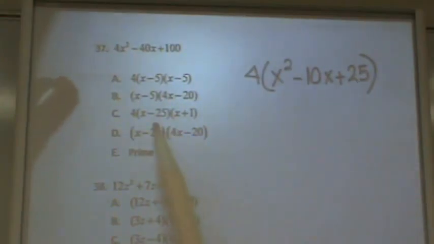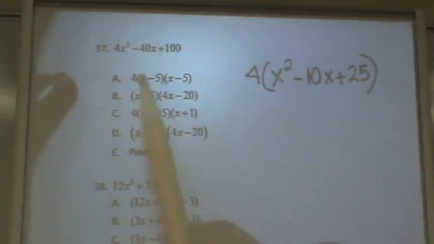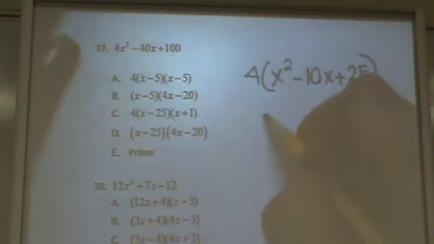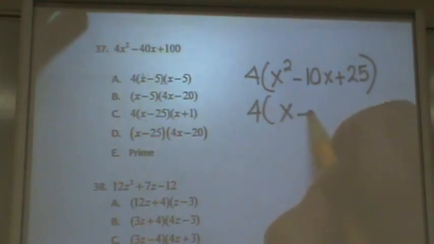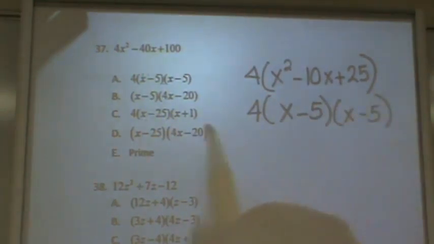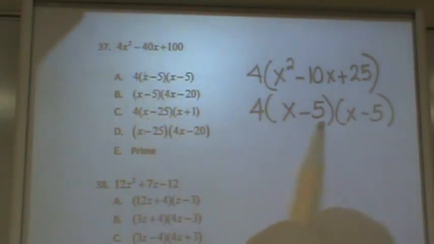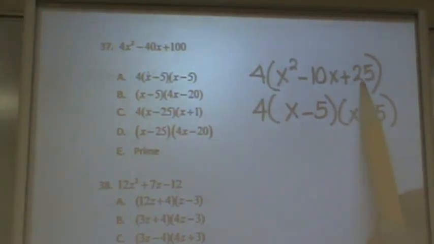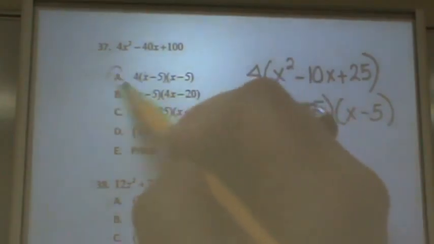So I know that works, so obviously either A or C is probably going to be the answer. Now I'm going to look at this piece right here, and this factors to be x minus 5 times x minus 5. Now this answer could have been written as 4 times x minus 5 quantity squared. Negative 5 times negative 5 is 25, but it adds to be negative 10. So the correct answer is A.